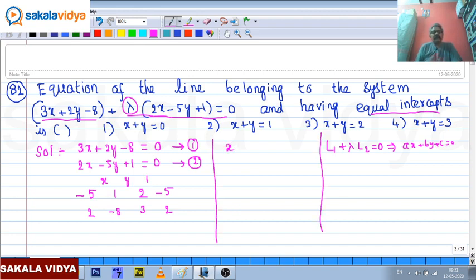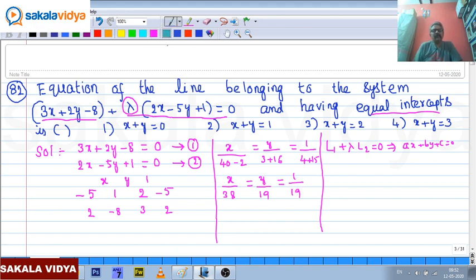So x divided by, you have 40 minus 2, y divided by determinant of 1, 2, minus 8, 3. 3 plus 16, 1 upon 4 plus 15. This is x by 38. This will be y by 19 equals to 1 by 19.